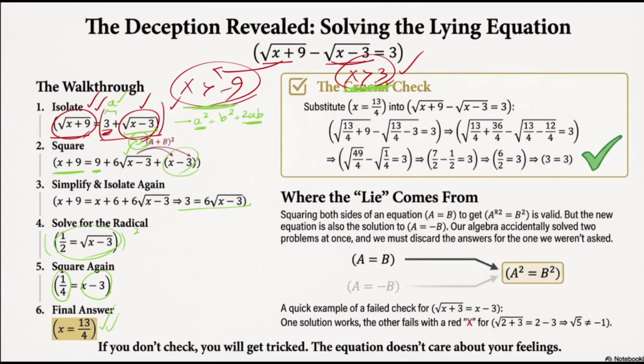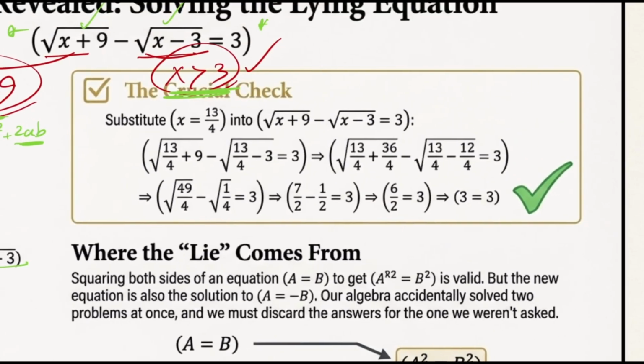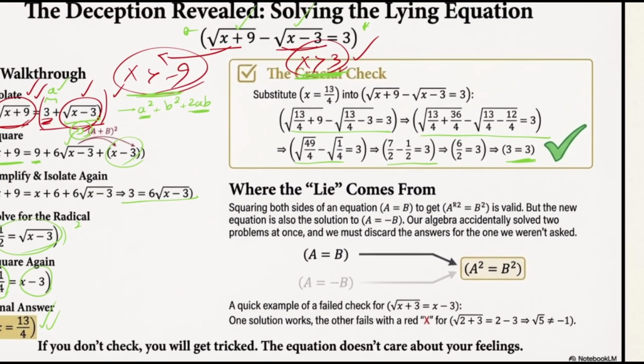It means that I have to put this number instead of x to make sure the left side of the equation is the same as the right side of the equation. So if I do that, do I get this kind of response? So let's do it. Put this number over here. After that, do some calculation, you know better than me, and I see that 3 equals 3. So this is actually the part where the lie comes from.